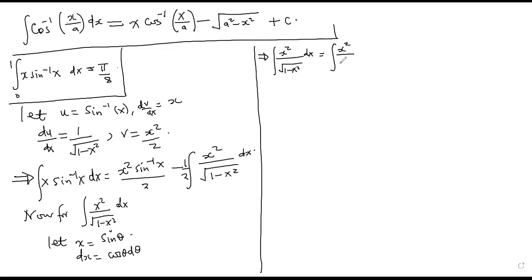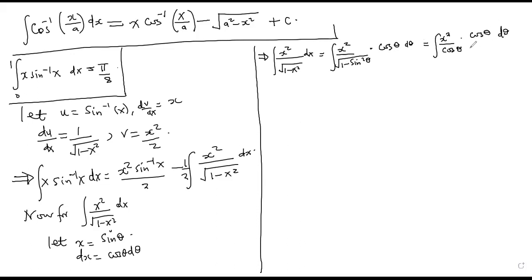So it is going to be the integral of sine squared theta over root of 1 minus sine squared theta, then d theta. My dx is going to be cos theta d theta. This is the same as the integral of sine squared theta over, 1 minus sine squared theta is cos squared theta. Under the root is cos theta. So this is cos theta times cos theta d theta.